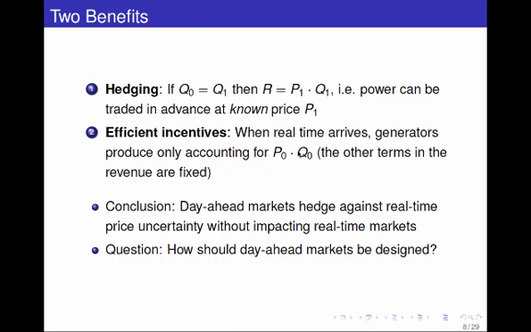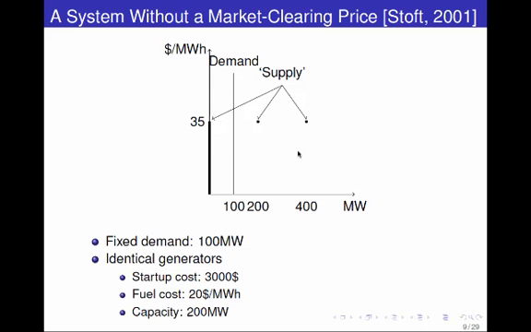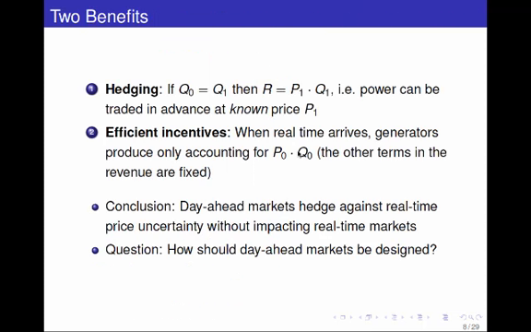The question is, how do we define rules about these markets? So how do we decide, should they be auctions, should they be bilateral? Basically the same question comes up that came up with the economic dispatch problem. How should you design a market around it so that you let people make decisions on their own? And you would say, okay, let's see how we design the real-time market and apply the exact same market rules to design a day-ahead market.